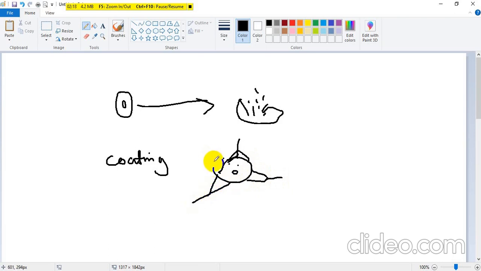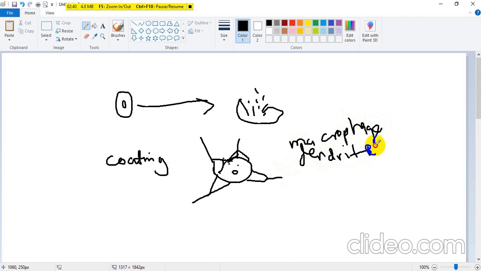After coating, the macrophage is a phagocyte. Dendritic cell is located in the skin. Dendritic cell and neutrophil, which is also called granulocyte, will come and feed or phagocytose this.